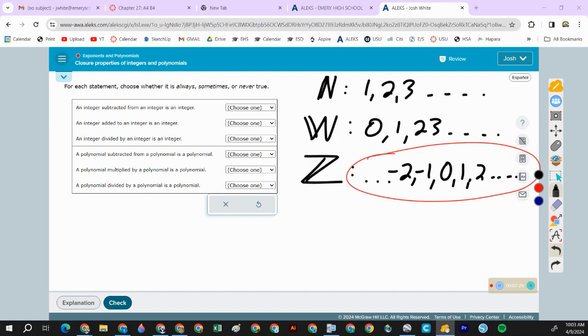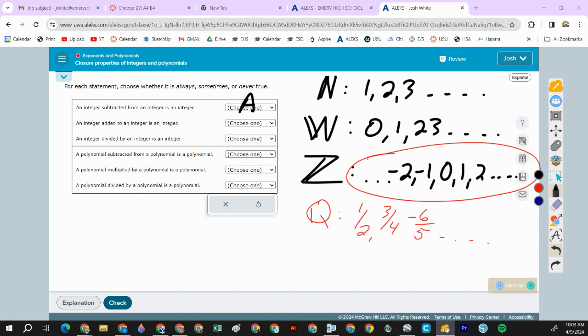So what would not be an integer? The rational numbers are fractions. Okay. Is there any way to take an integer and subtract an integer and get a fraction? No. So we would say this is always true.